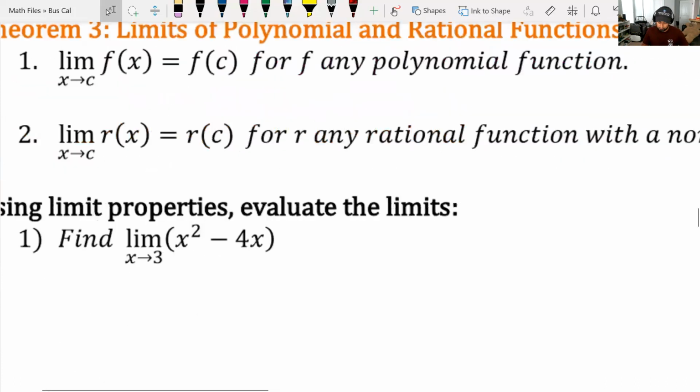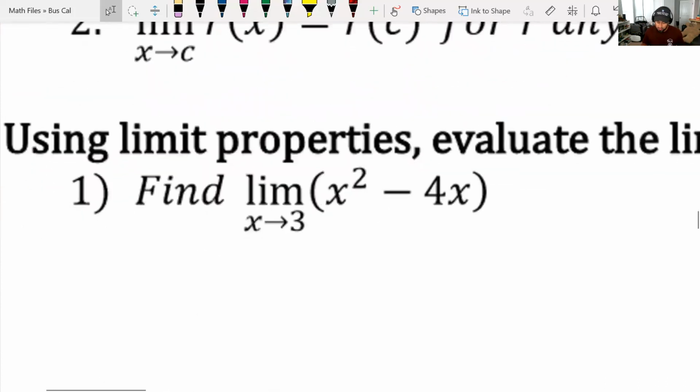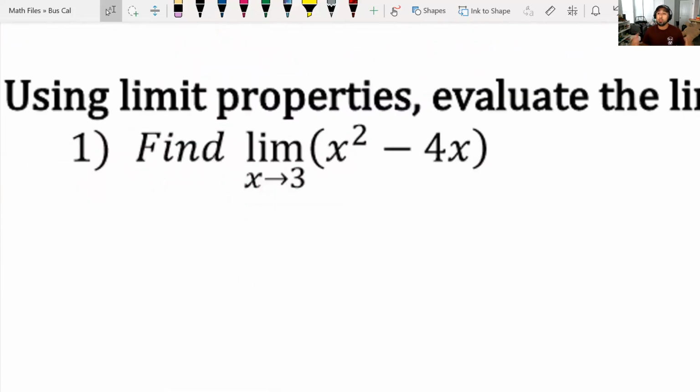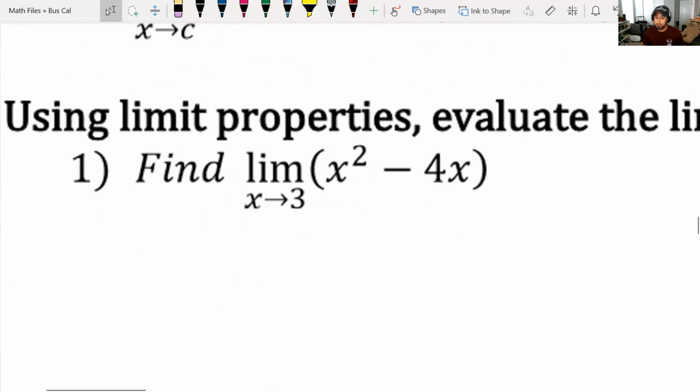First up, use limit properties to evaluate these limits. I'll show you how the limit properties work, and then we'll go from there.